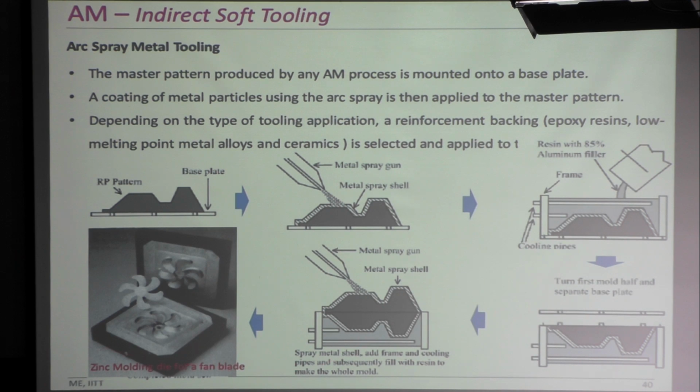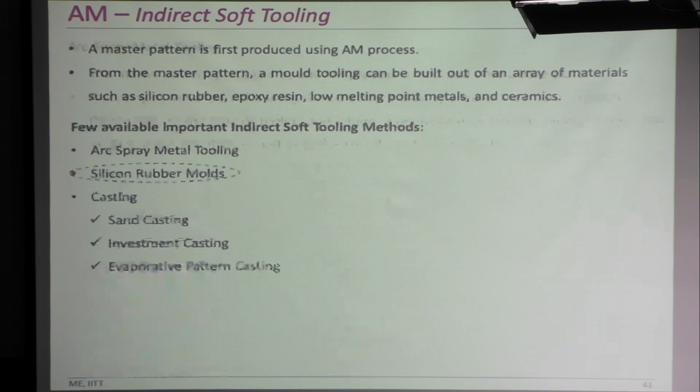This is one example, the zinc molding die for a fan blade. These two molds are manufactured by using arc spray metal tooling. Next one is silicon rubber molds. The principle is the same as we discussed in the earlier slides.